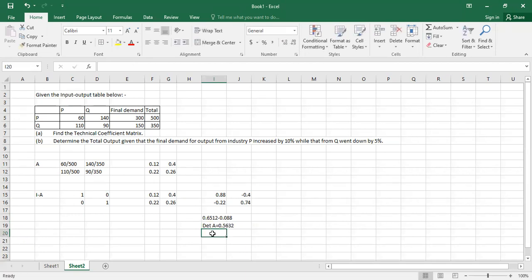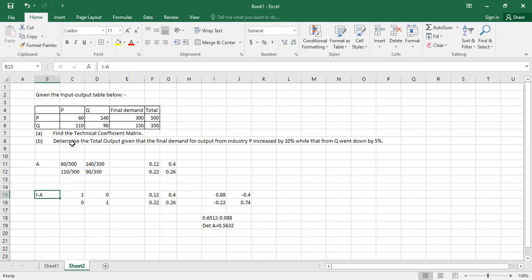Yes. So I've gotten this part of the formula. So we go to the next stage. The next stage is now getting the Leontief matrix. And you said Leontief matrix is this in bracket raised to -1 multiplied by the determinant, isn't it?